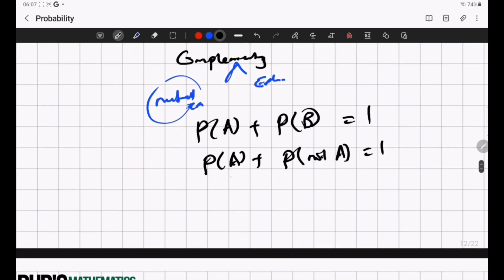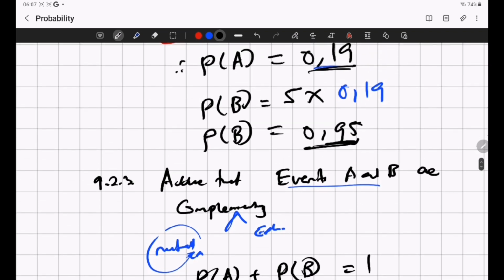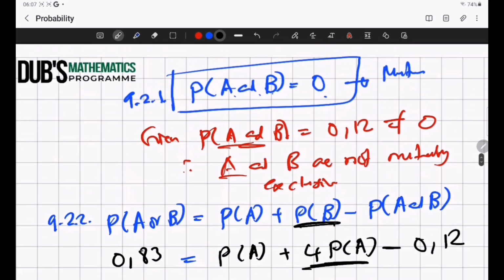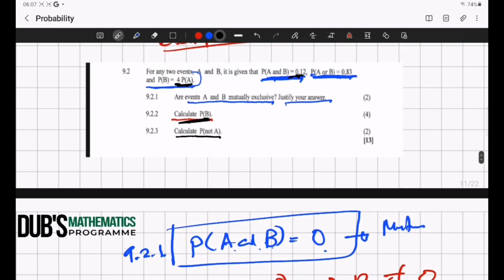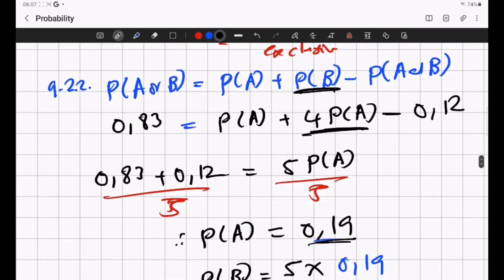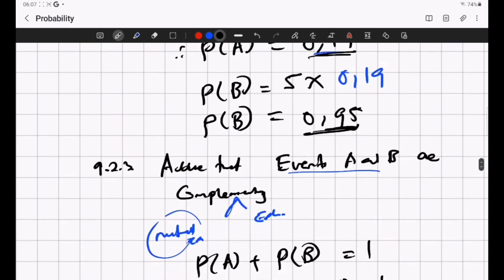And then probability of A, we found it to be 0.19.